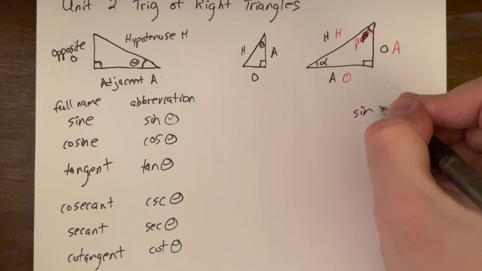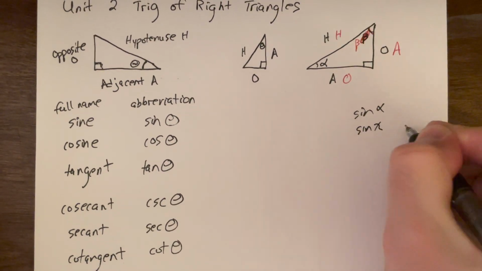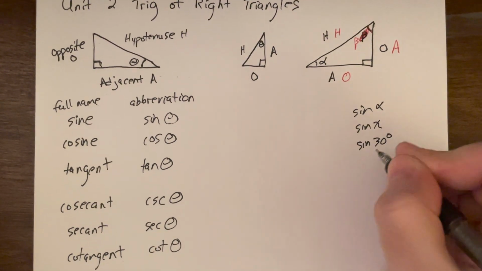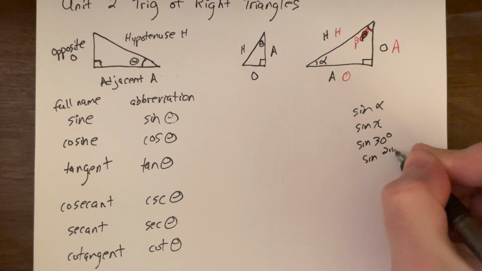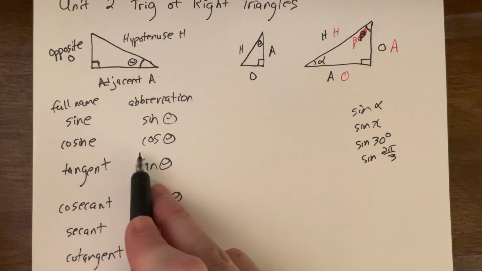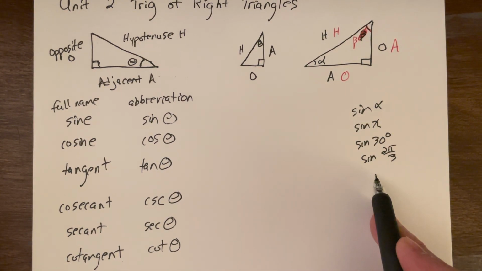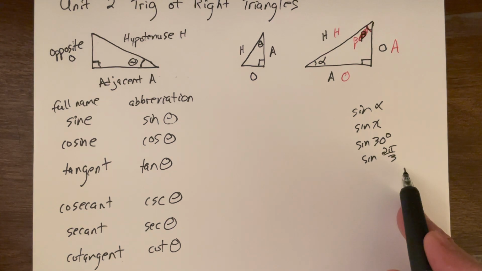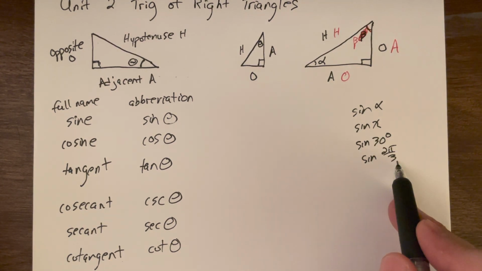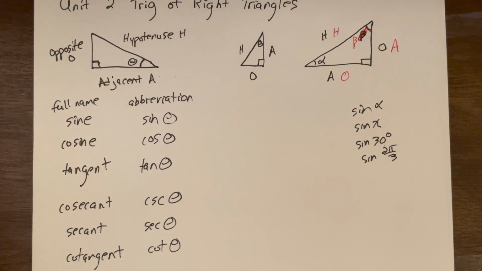It's got to be sine of either a generic angle, sine of theta, maybe we'll just use a regular x, sine of x, maybe it's a specific angle, sine of 30 degrees, sine of 2 pi over 3 radians, right? But every time, and it's not just sine, it's all the others, you need to have both the abbreviation for the trig function and the angle to go with it. Whether the angle is a variable or it's a specific value, degrees, radians, it has to have that second component.